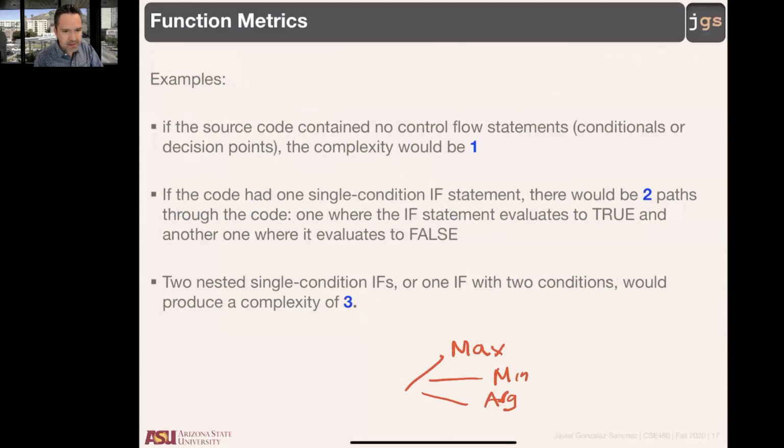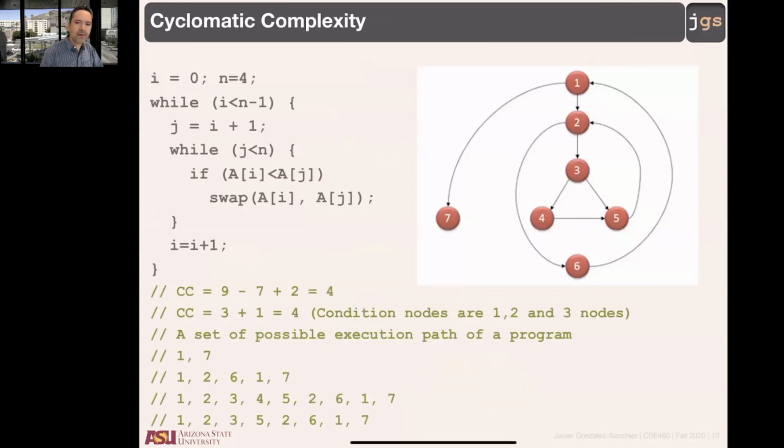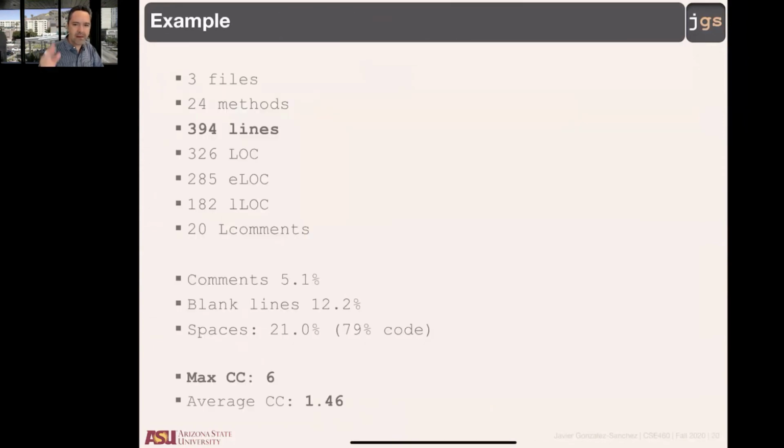Complexity, size, and understandability. We will have numbers for that like this: a report of your project, a fingerprint with a bunch of numbers, percentage.